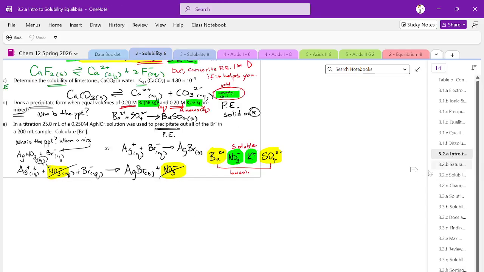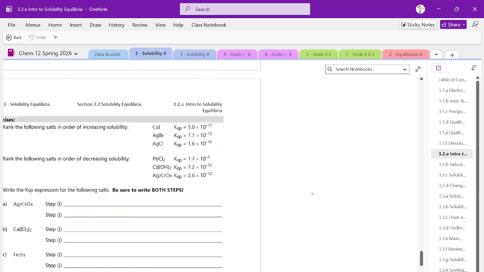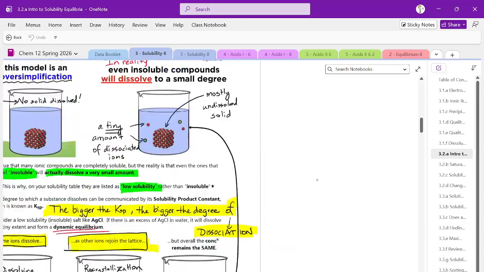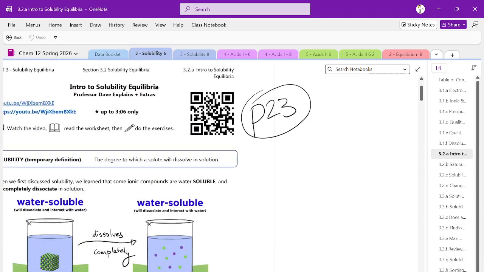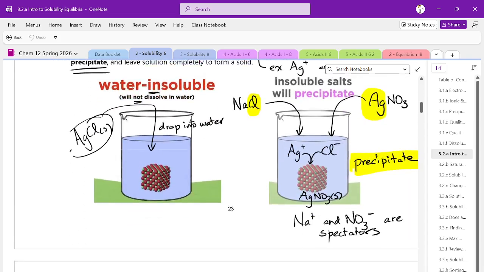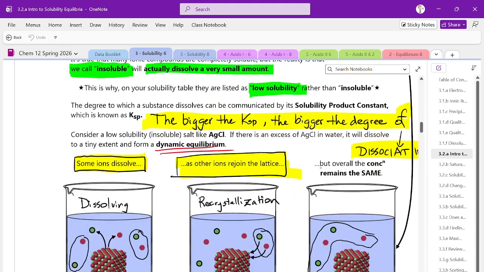You will also be responsible for stuff from 3.2a, like being able to define solubility, right? Being able to relate the KSP to the solubility if you have compounds with the same ratio of ions.